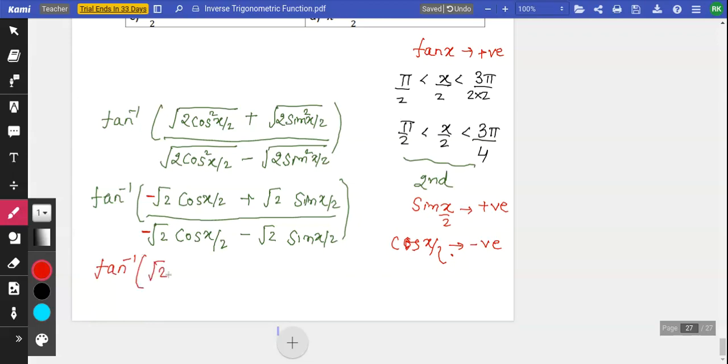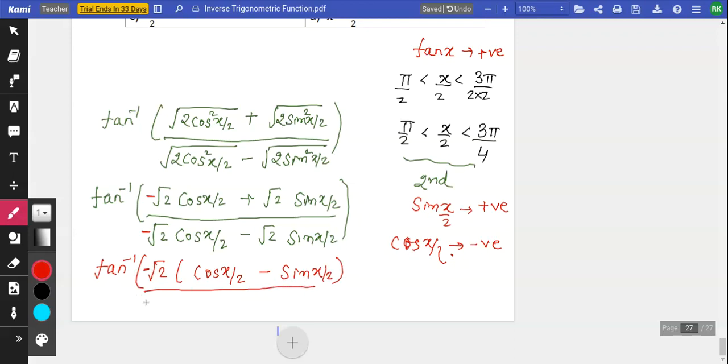Now take square root 2 common from the numerator side. It becomes cos x by 2 minus sine x by 2.